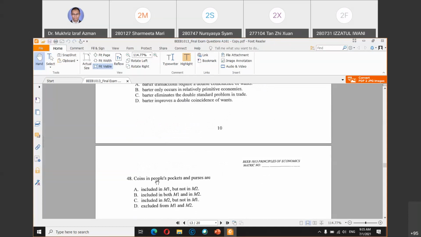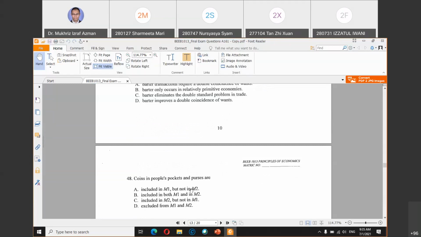So, coins in people's pockets and purses are what? Does it include M1 but not M2? Coins or cash, does it refer to M1 or M1 and M2? What is M2, or what is M1?